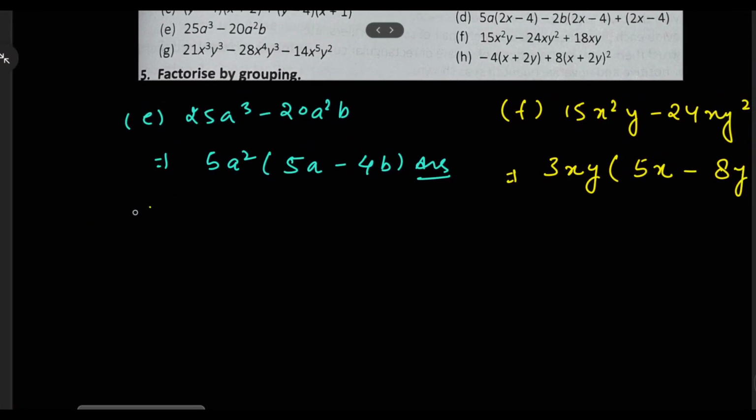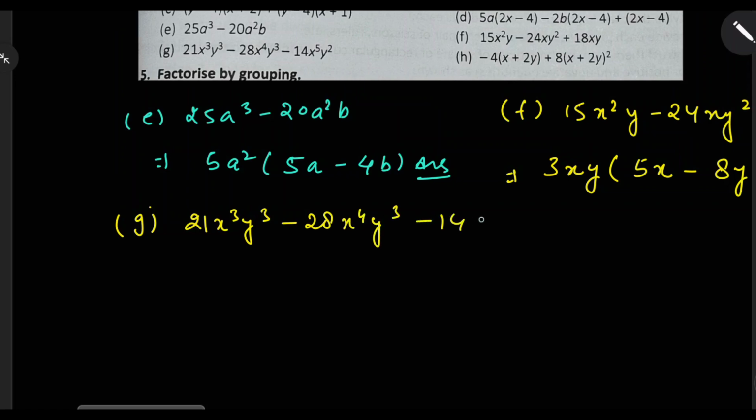Now let's move to question number G. Question number G is saying 21x cube y cube minus 28x power 4 y cube minus 14x power 5 y square. Now when we solve it, for 21, 28 and 14, the common number is 7. For x cube, x power 4 and x power 5, the minimum power is x cube. For y cube and y square, the minimum power is y square.